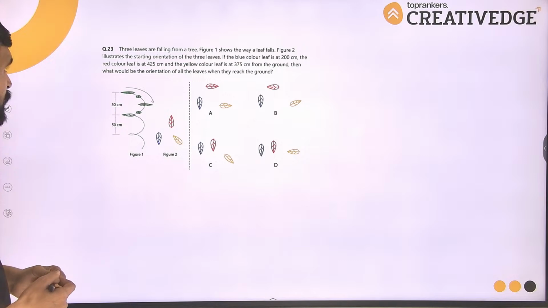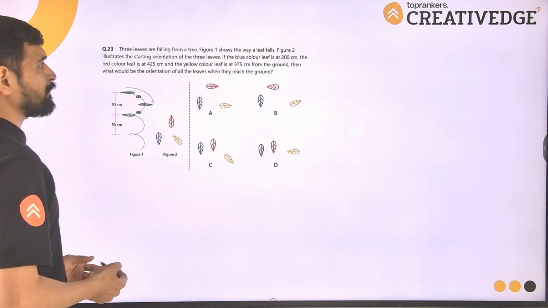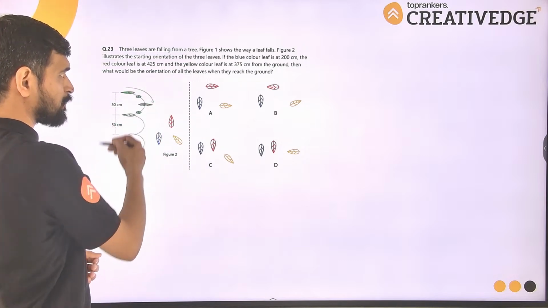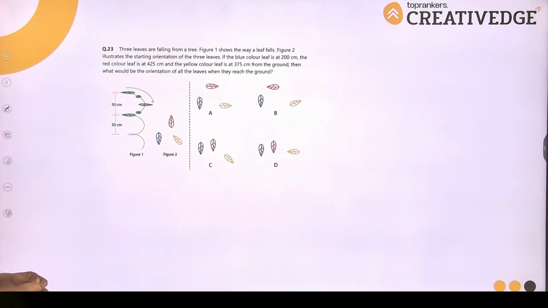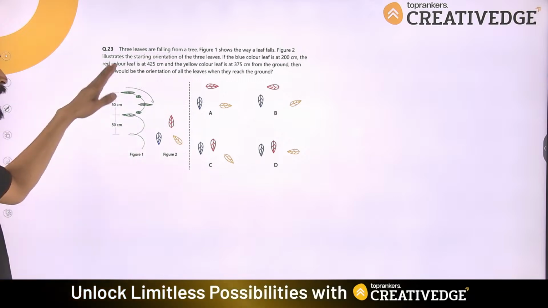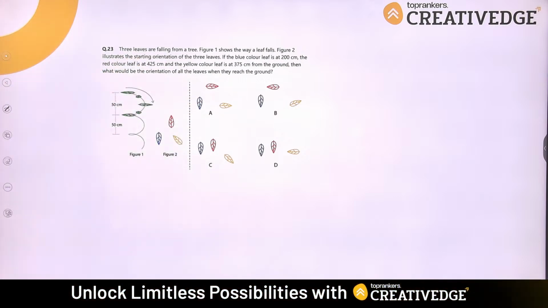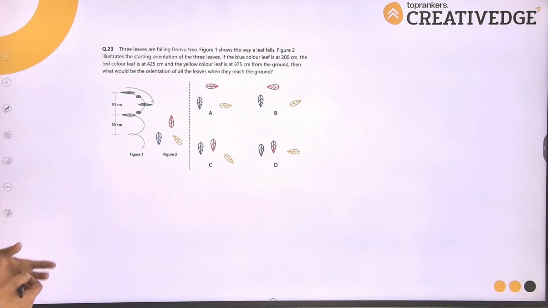Next one, an interesting one. Three leaves are falling from a tree. Figure 1 shows the way a leaf falls, right? Figure 2 illustrates the starting orientation of the three leaves.